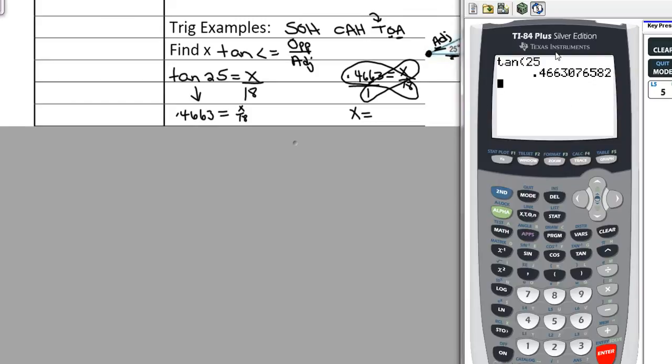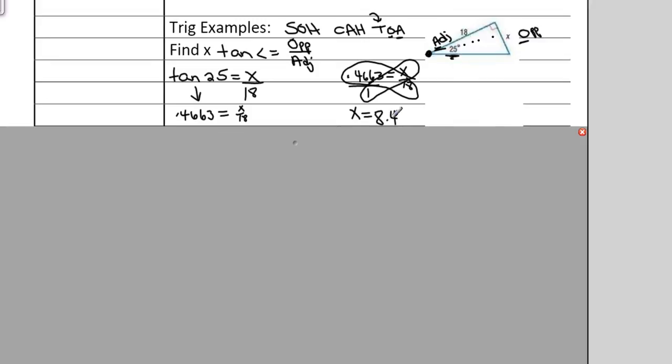So I can just take this number right here and multiply it to 18. And that will give me 8 point, now we can round to the nearest tenths place, 8.4. So this side length is 8.4. And then I just write that down and I make sure that this is not the biggest side. The biggest side should be the hypotenuse. We don't know what that is yet, but we could find it using Pythagorean theorem. But this side is 8.4.